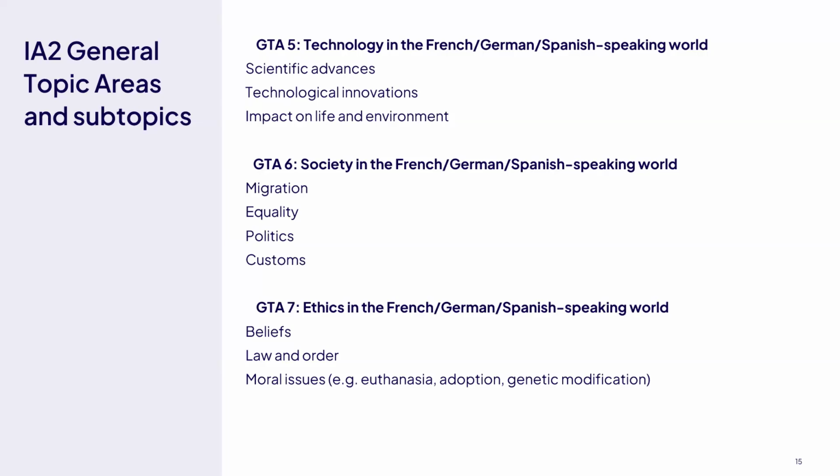We need scientific advances in the Spanish-speaking world, for example, or their impact in the Spanish-speaking world, or technological innovations in Germany or in Austria, in the German-speaking world, etc. So try to make sure that you've located those things there.